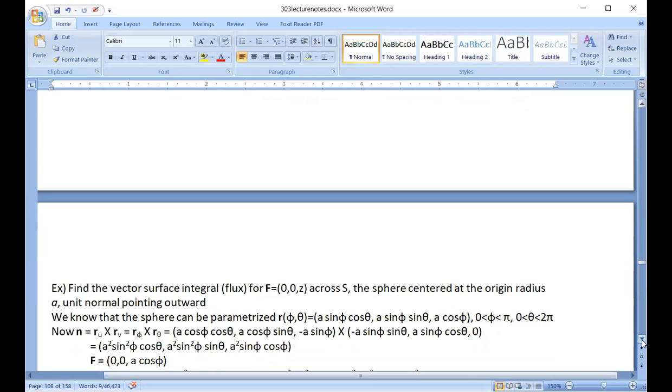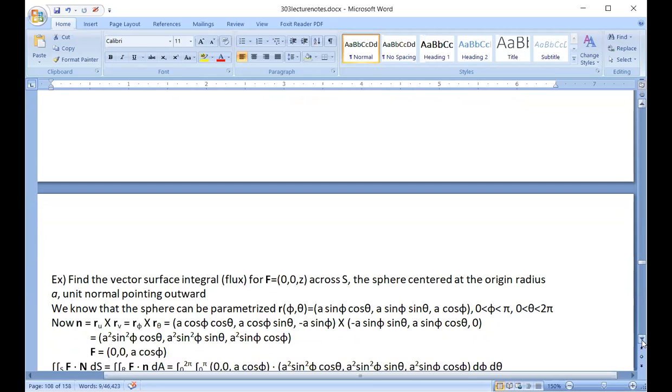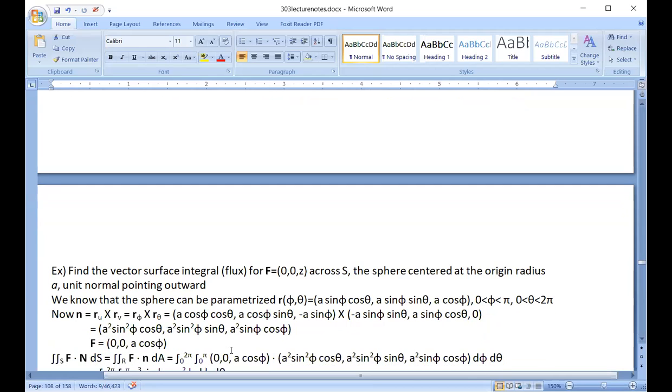We've now written everything parametrically. We can now write down the integral. The flux integral written generally is just the double integral over the surface of vector field F dot unit normal n dS. And this converts, as we just saw, into the double integral over the region of vector field F dot normal vector little n dA.